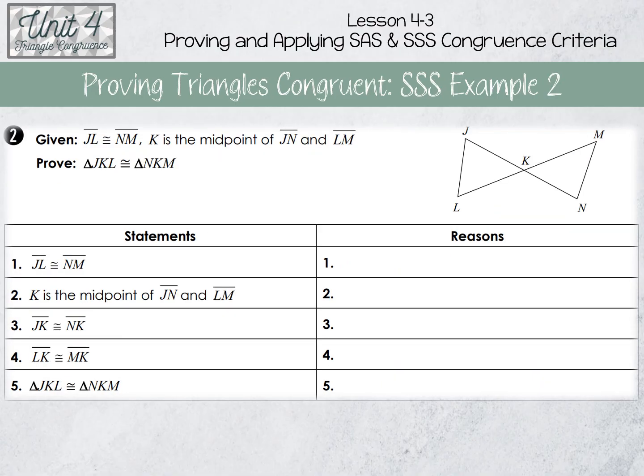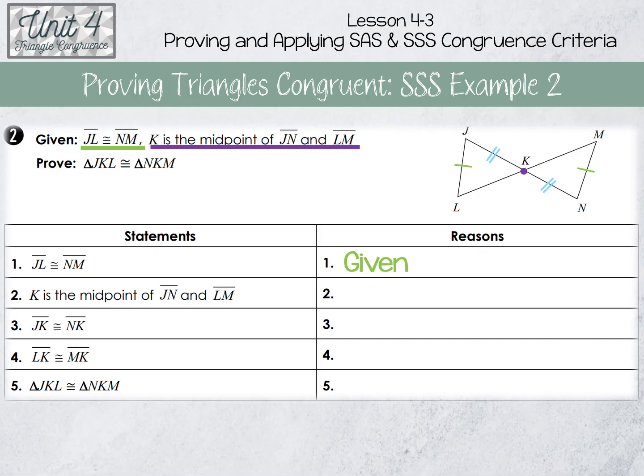Number 2, let's see what we have here. Segment JL is congruent to segment NM. Marked it, that's given. K is the midpoint of 2 different segments, segment JN and segment LM. And that is given to us.